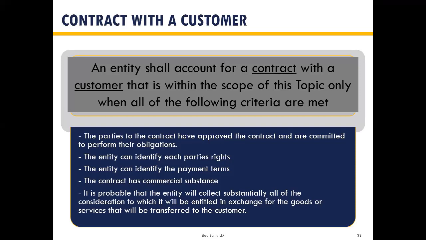The contract has commercial substance, and based on the terms of the agreement, it is probable that the entity will collect substantially all of the consideration outlined in the contract for that exchange of goods or services. So ultimately, will the parties carry out the terms of the agreement?